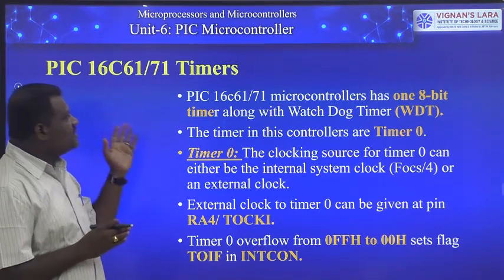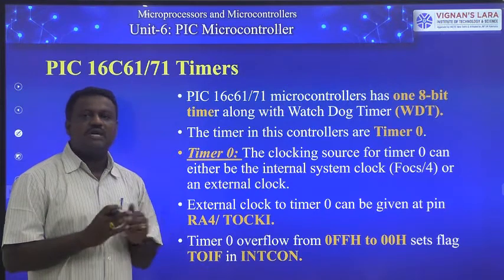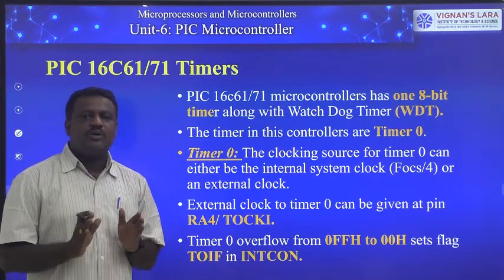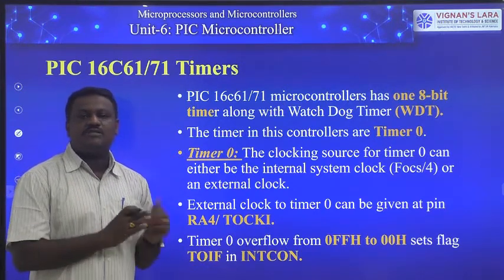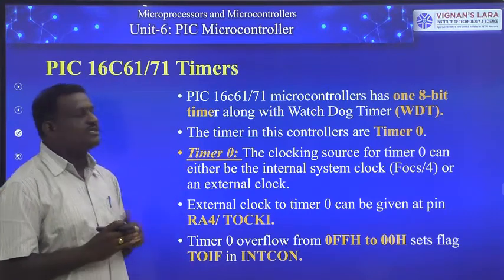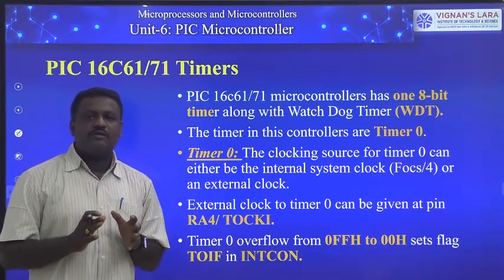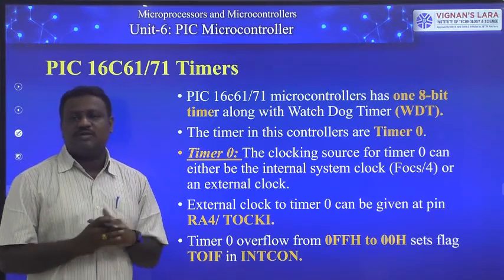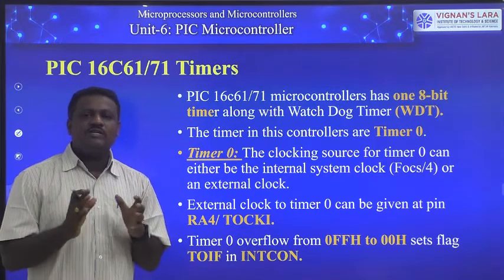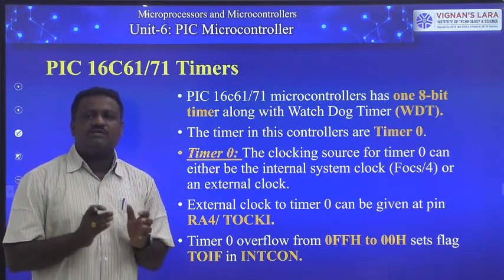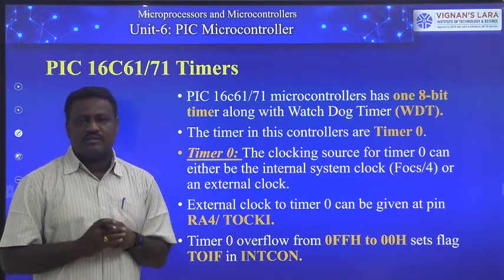Coming to the PIC 16C61/71 microcontrollers, there is one 8-bit timer circuit, which is called timer 0, along with one watchdog timer, WDT. I am going to discuss these two things in some detail in this lecture.